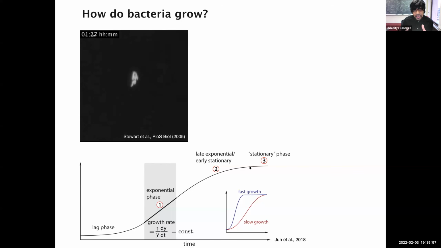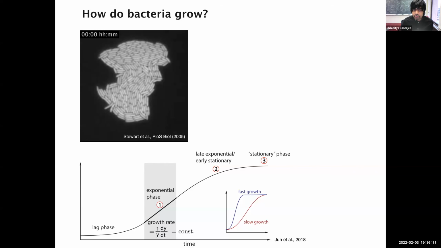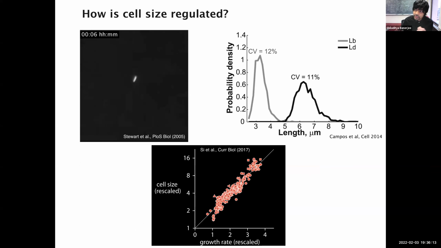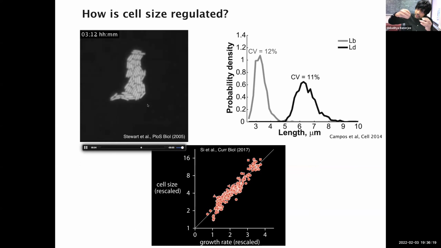So this is what's happening at the population scale, right? But if you measure more variables, right? So if you measure more observables, you find more surprising results. So one of the interesting results is if you measure, for example, the length of the cells, right? So as you can watch, as the bacteria grow, they grow along their length, right?